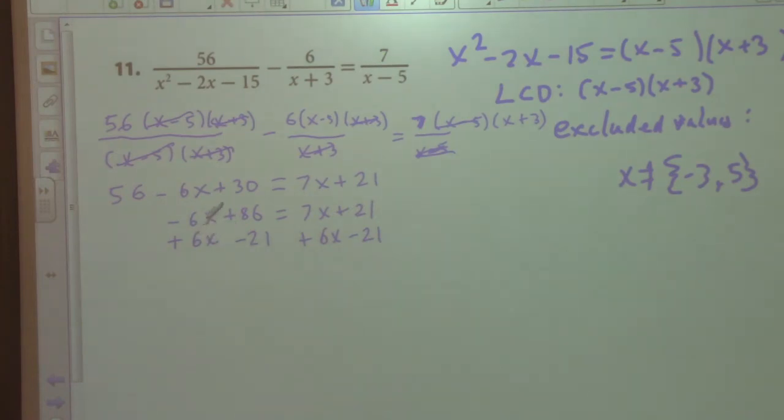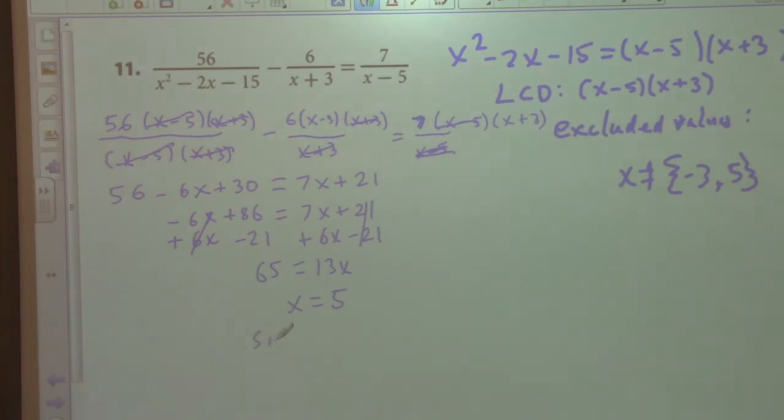So now what we've done is a double cancellation here. So we have, what is that, 65? Yeah. So 65 equals 13x. And so we divide by that, we get x is equal to 5. Okay, and x equals 5 is what? An excluded value, right?